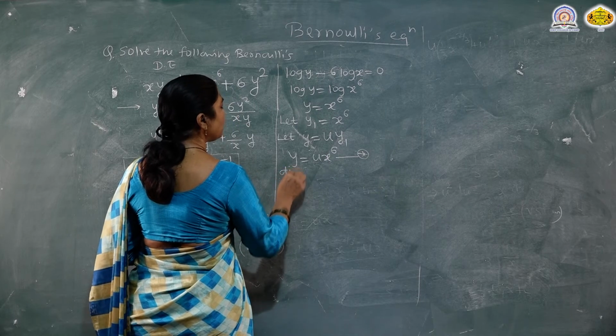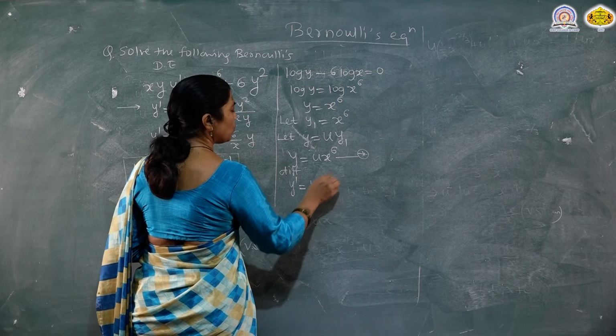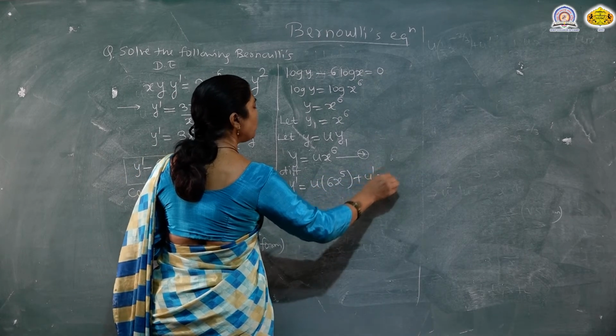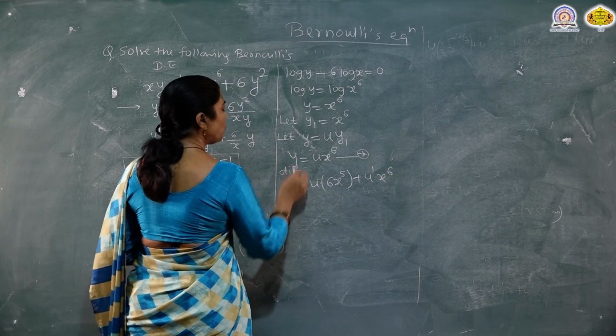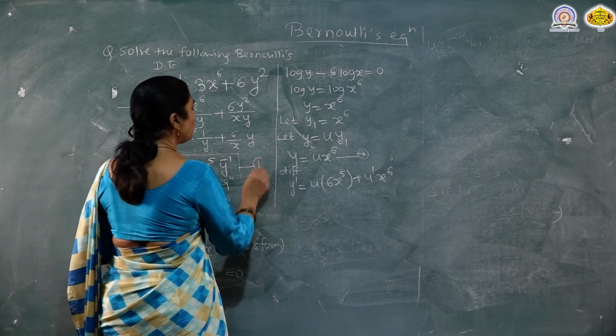So differentiate this with respect to x. We get y dash is equal to u into 6x raised to 5, plus u dash into x raised to 6. Now put y and y dash in equation 1. So we substitute this here.